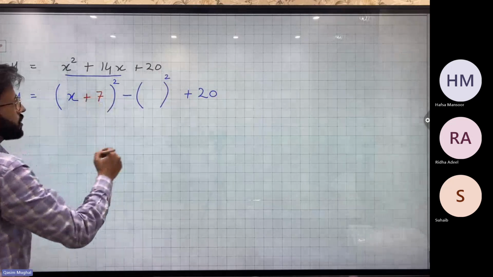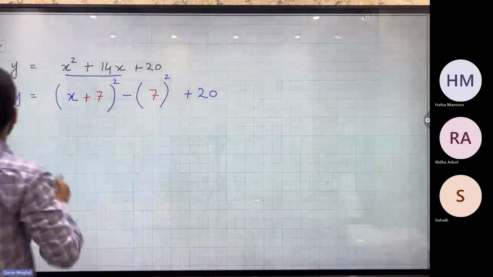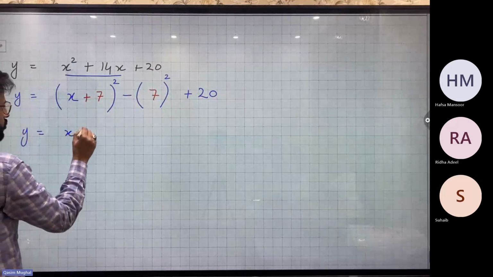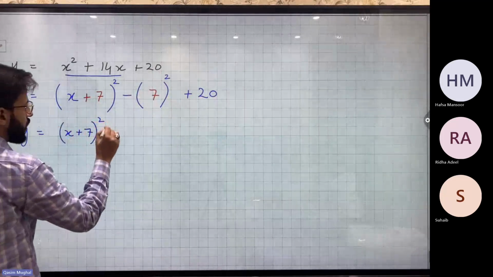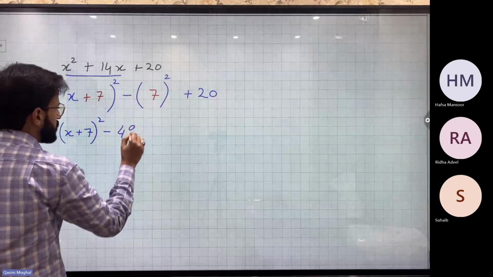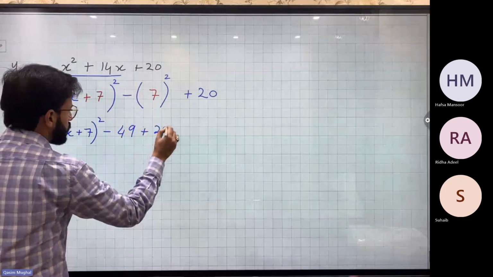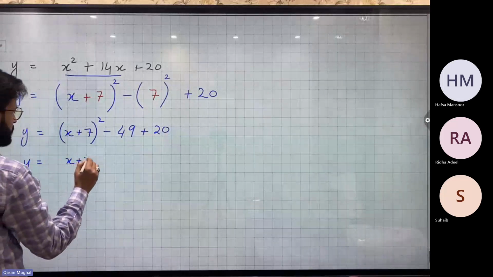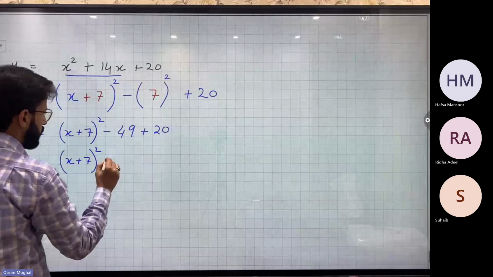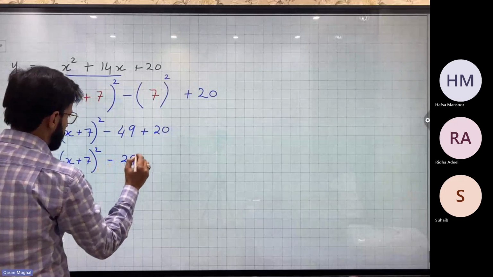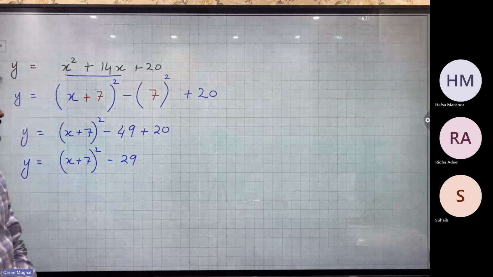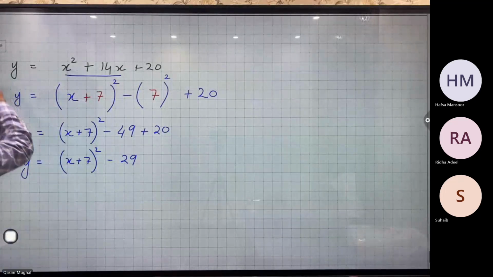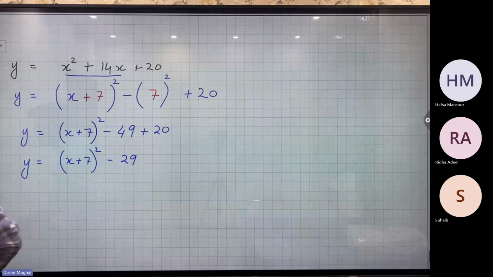So plus 7 goes in here, plus 7 goes in here. Now, in the next step, I'm going to simplify this. y is equal to (x plus 7) whole squared minus 49 plus 20. And this is going to be (x plus 7) whole squared minus 29. Clear? Okay, now I'm going to give a question for you guys to attempt.